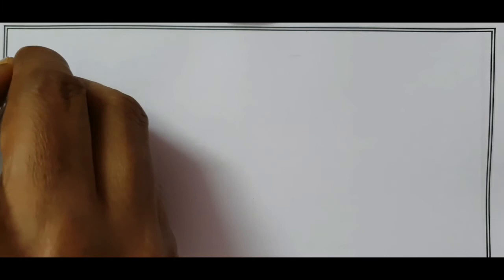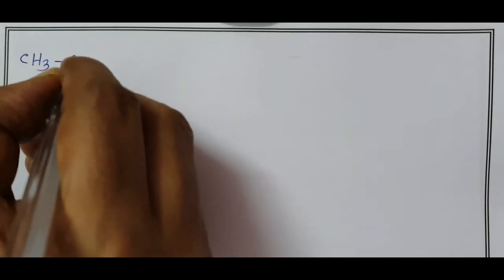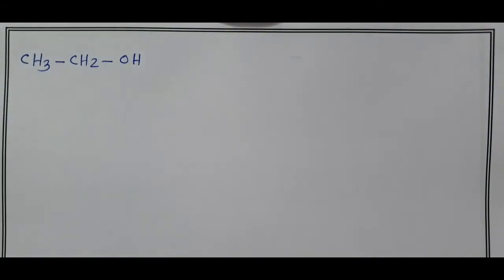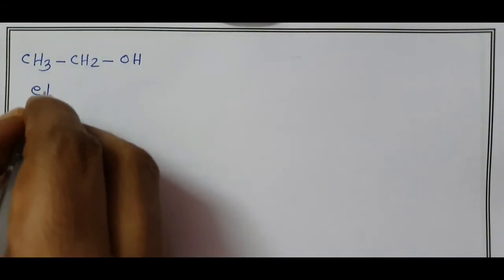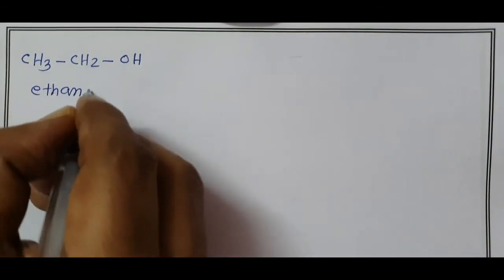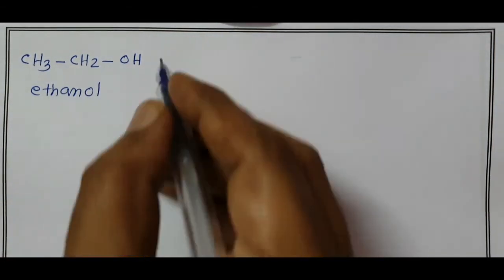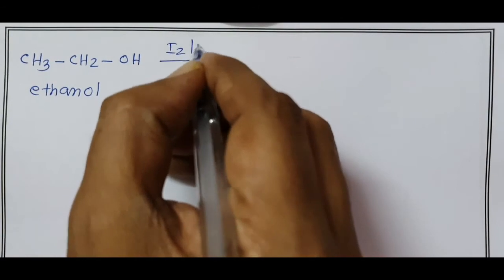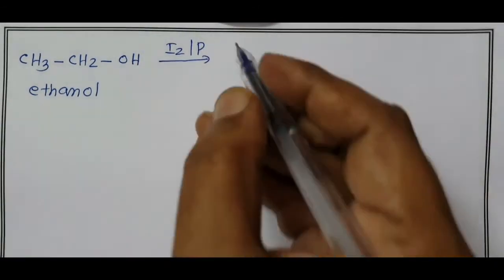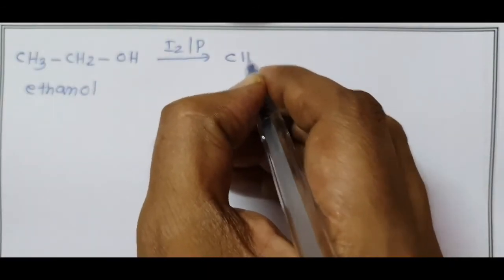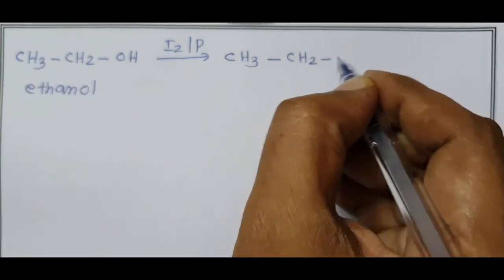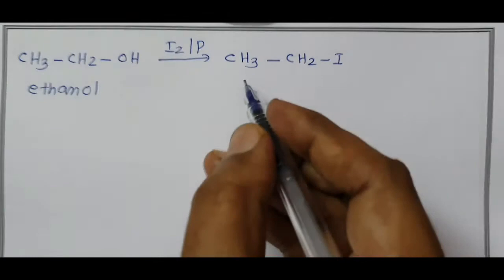Primary alcohol example: CH3CH2OH. Common name ethyl alcohol. Two carbons, eth, carbon single bond, ane, OH, ol. First, when treated with I2 and phosphorus, the OH minus ion is replaced by I minus ion, giving CH3CH2I. What is the name of this compound?